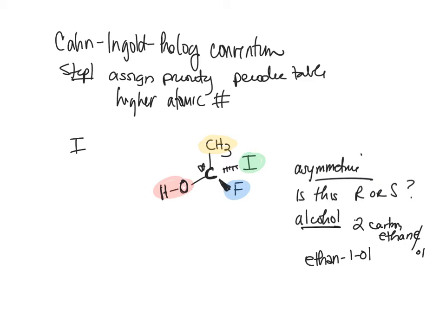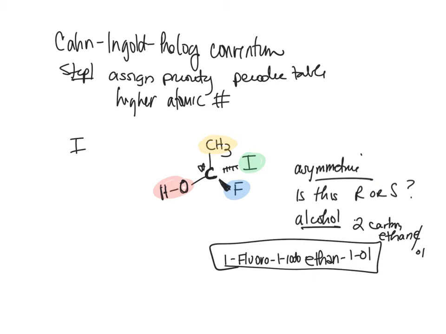And then we have the substituents coming off of carbon number 1. So alphabetical, A, B, C, D, E, F, F comes first: 1-fluoro, dash 1-iodo, ethan-1-ol.